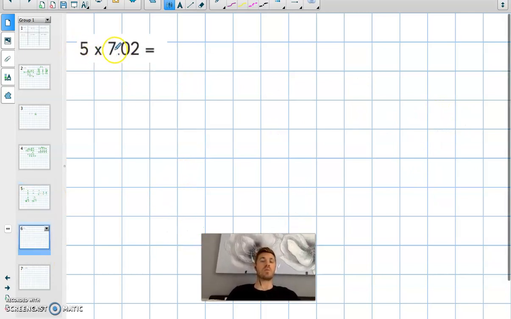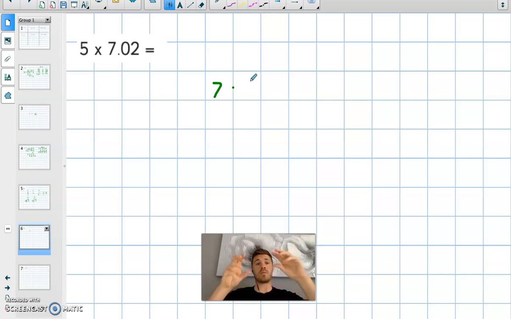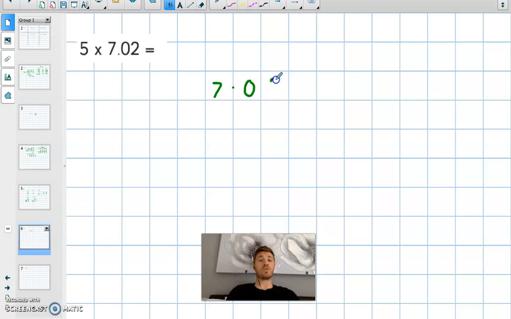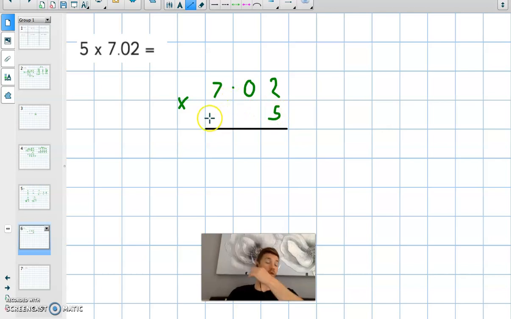Okay, so 5 multiplied by 7.02. I'd recommend flipping them, because remember, when you multiply, the numbers are commutative, so it doesn't matter what order you put them in, you'll still get the same answer. So I would put 7.02 on the top of your formal method, then I'd put the 5 at the bottom. And the reason why I put 5 there instead of in its correct place value is because you're multiplying each of those digits by 5.